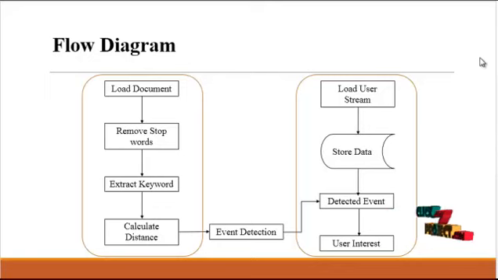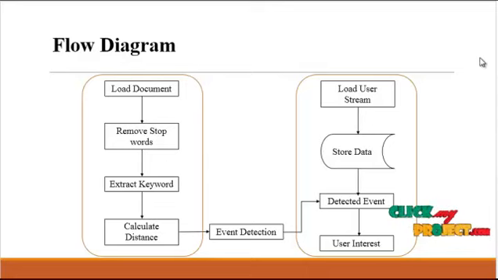So using that document dataset, we will further proceed. First we have to load that document dataset into the database, and remove the stop words and the extra special characters. For easier further processing, we remove stop words and extract the main keywords. That is nothing but the event detection.